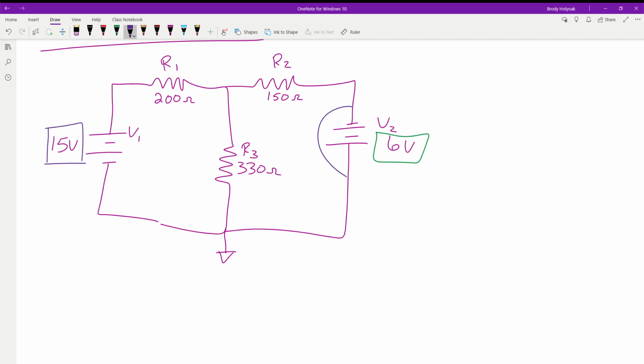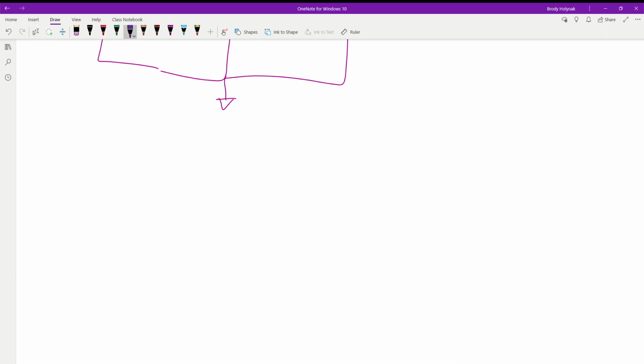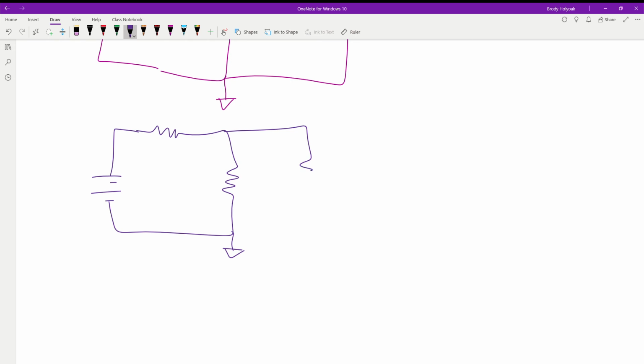So when we short it, what happens? No more 6 volts. We're taking it completely out of the equation. So now what we have is a circuit that looks like this.